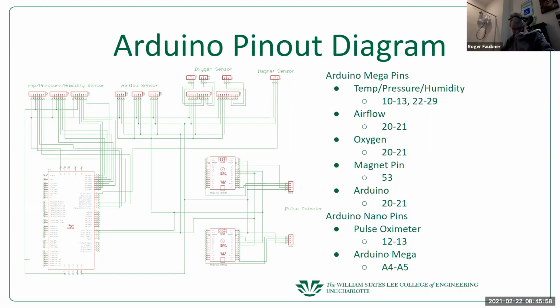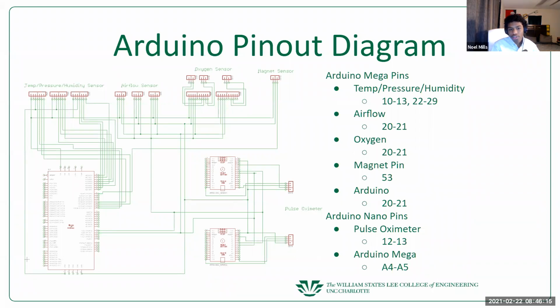Can I ask something? It looks like airflow, oxygen, if you have the same pins listed, I would have thought they'd be different. Yes, pins 20 and 21 on the Mega are I2C pins.